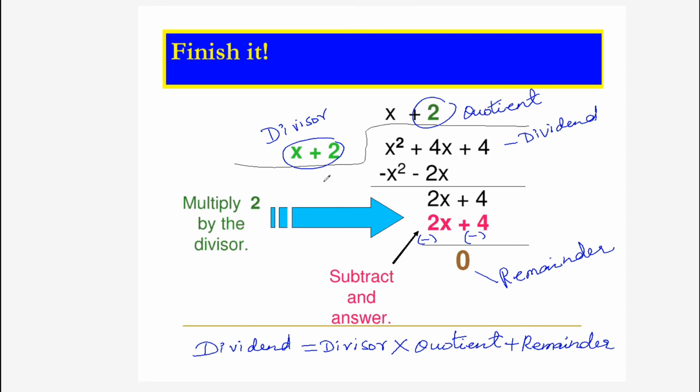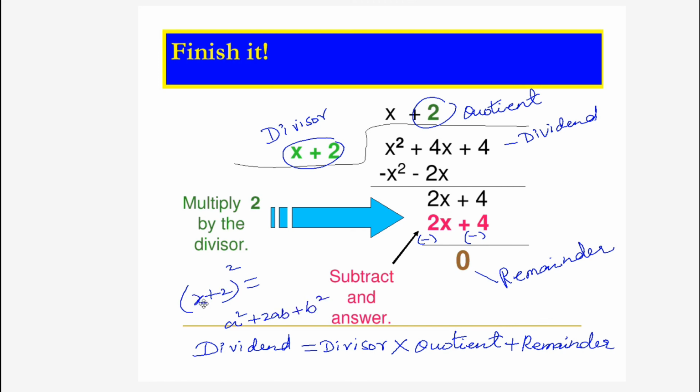For example, in this case, this is the divisor x plus 2. The quotient is x plus 2. Multiply these two and add it to 0. It should obviously give you the dividend x squared plus 4x plus 4, because we know that x plus 2 times x plus 2 is simply x plus 2 the whole squared, which, in terms of the a plus b whole squared formula, is a squared plus 2ab plus b squared.